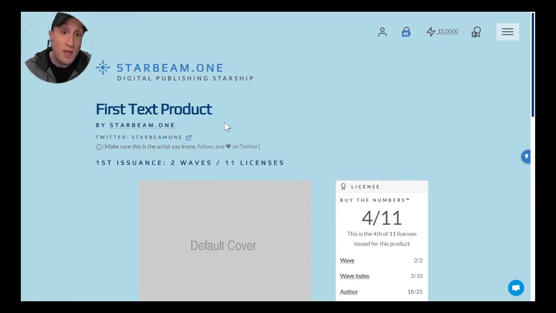Going further in the future, we could improve upon that. We could integrate further permissions here and show you that you are a follower of this person on that network. It requires a little bit more permissions to do that, and a little bit more work and time, something that I don't have right now. But it will allow you to say, right here on starbeam.one, this is the person you follow and know.